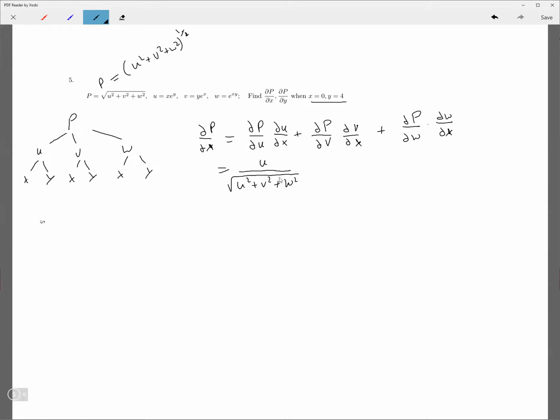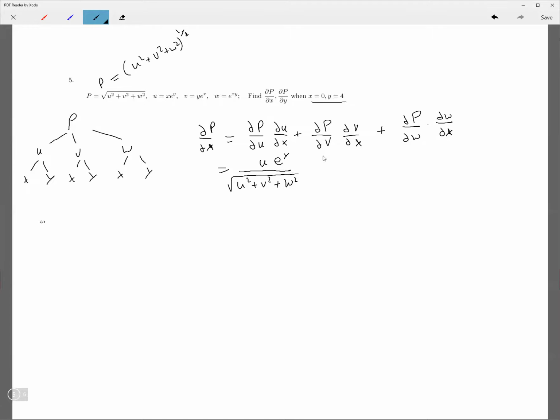So you just get this. dp/du is just this piece here. And then times du/dx, which is just going to be e to the power y. Exactly, e to the y.